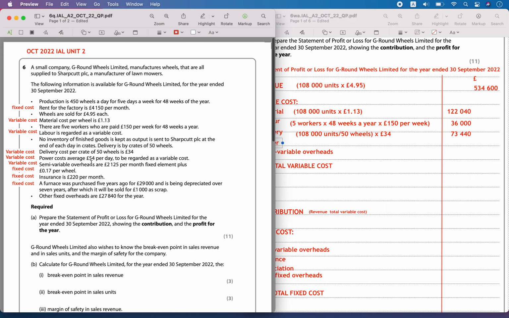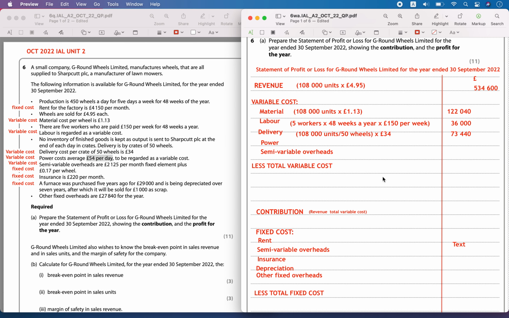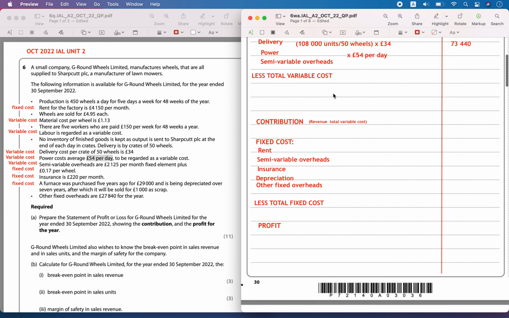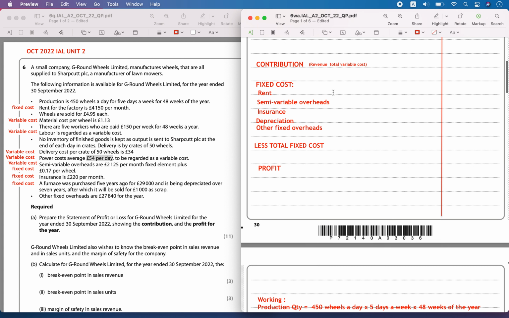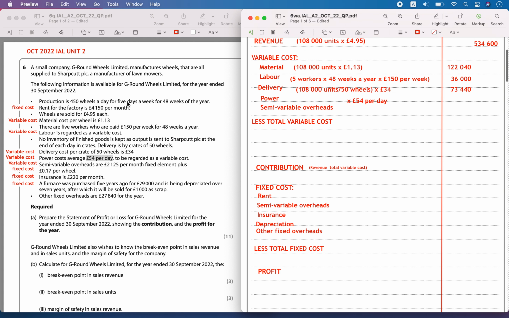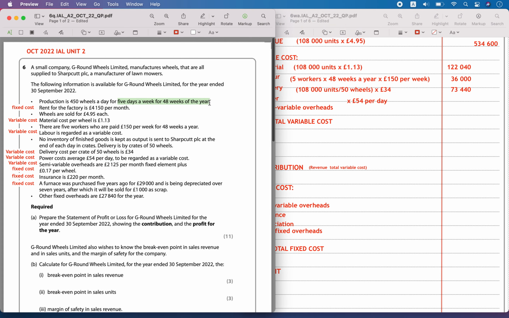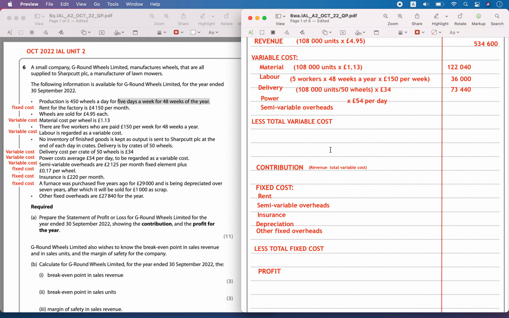Then comes the power. It says the average cost is 54 pounds per day. So how many days are they using this? We have to find that. We can see that they are using it 5 days a week for 48 weeks in a year.